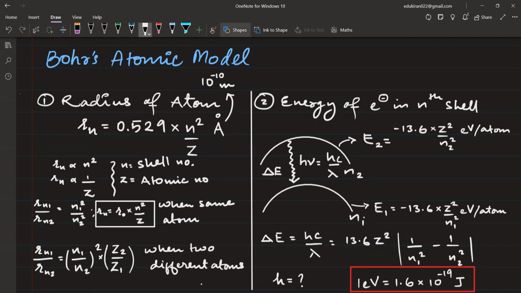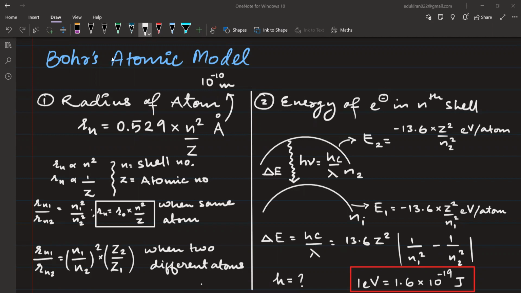Now, just a second, guys. Okay. See here. When you have this 0.529, it is going to be a constant.